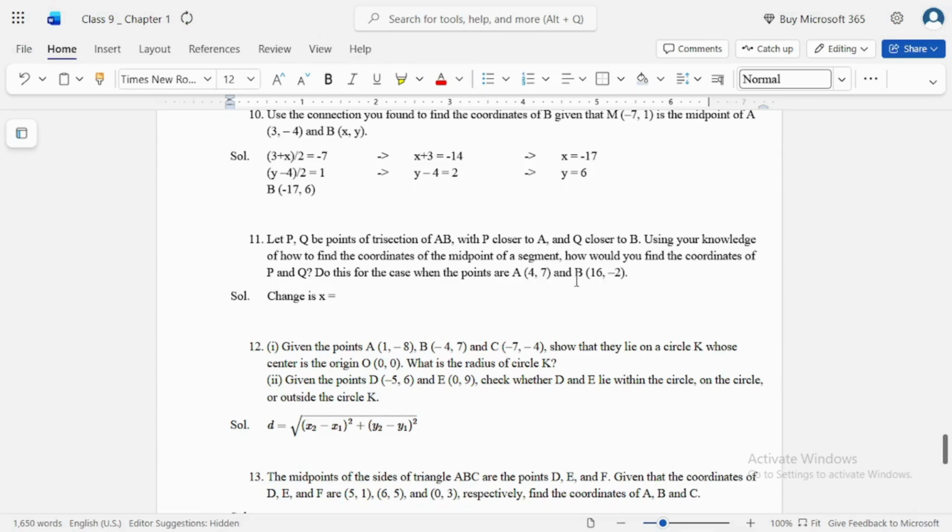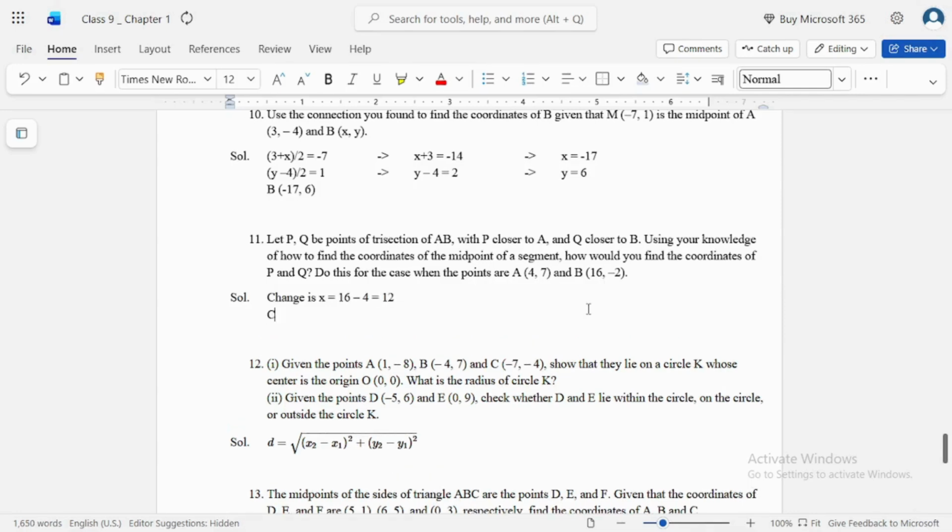Change in x equals 16 minus 4, equals 12. Similarly, what is the change in y? Change in y is -2 minus 7, which is equal to -9.